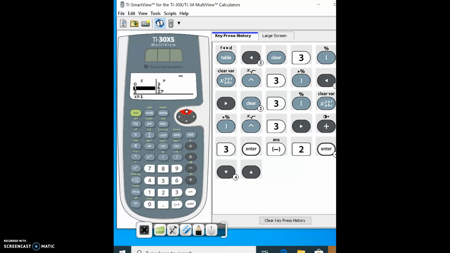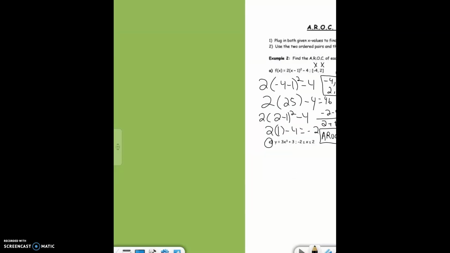Okay? So basically what I'm going to do, guys, is I'm going to find the slope now. Really simple. So from the table, we got -2, -21, okay. And then the other one was 2, 227.